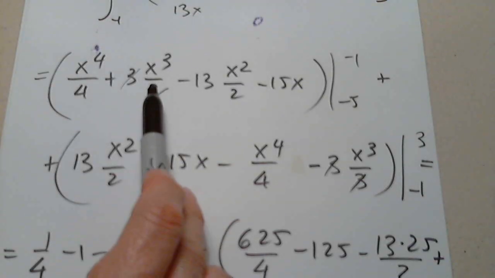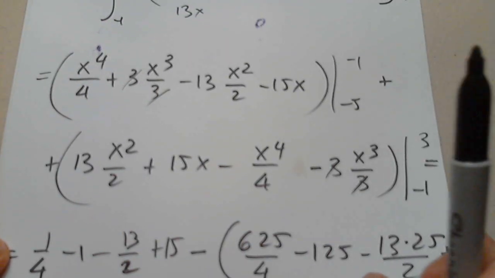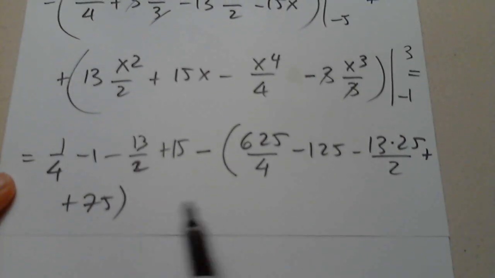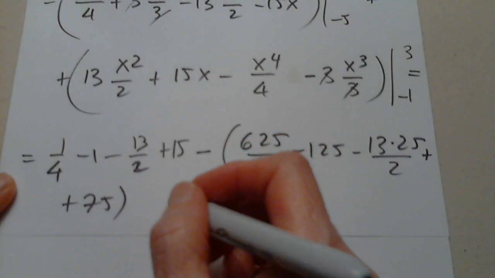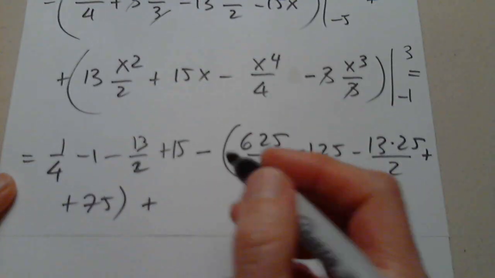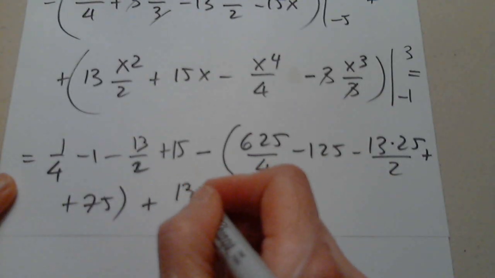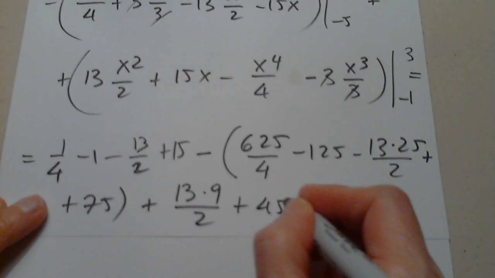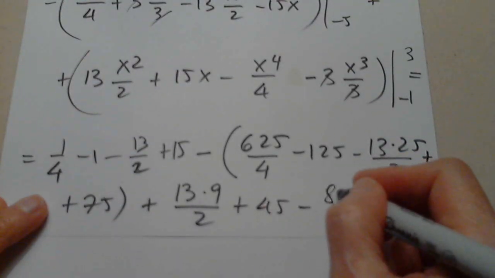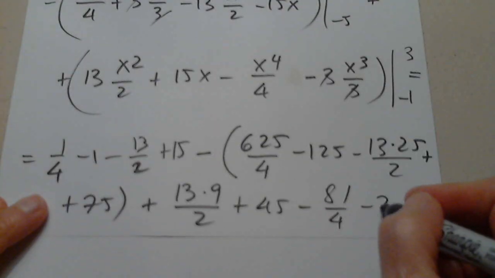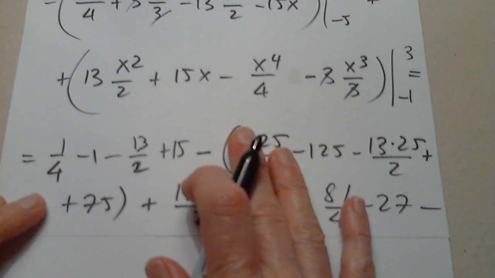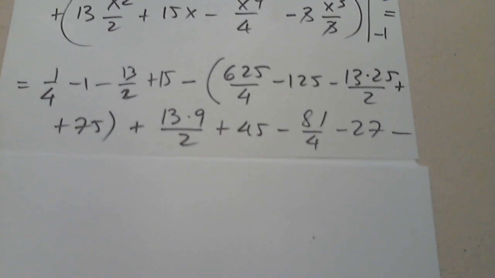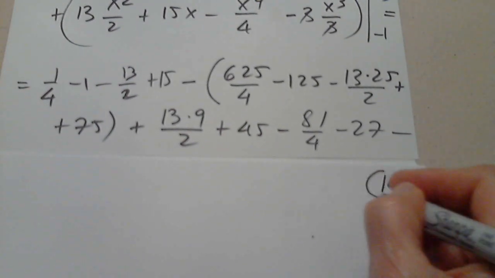And all this is just the first one. Terrible. Not even Will can make me do this by hand. I'm kidding. Okay, so 13 times 9 over 2 plus 45 minus 81 over 4 minus 27 minus, you'll find me here Wednesday night still calculating these.